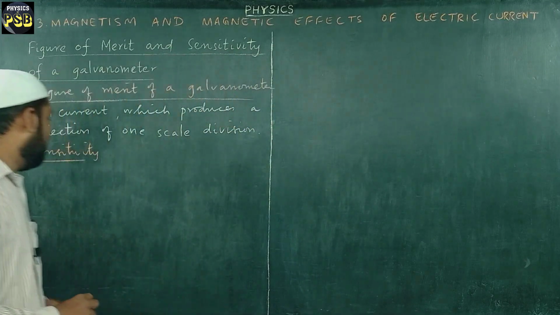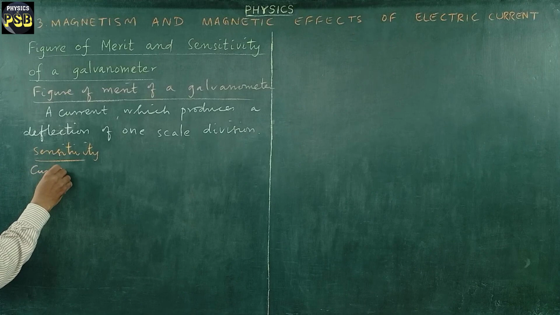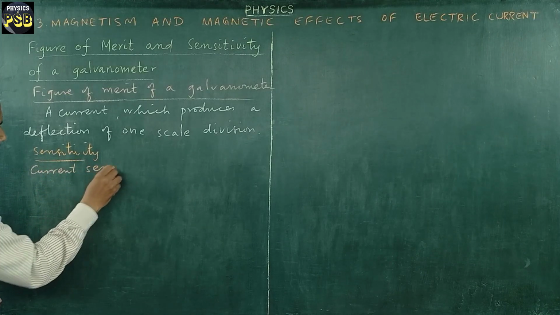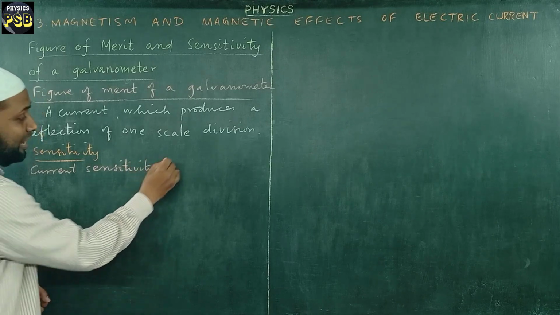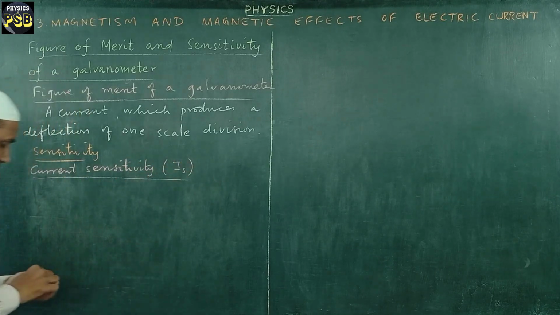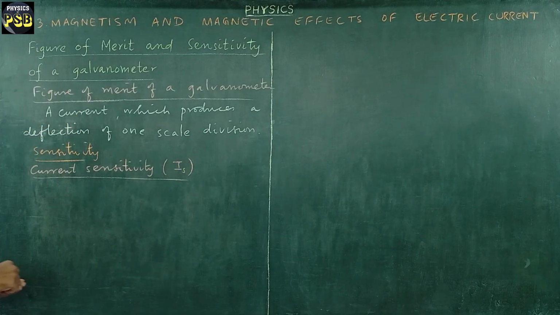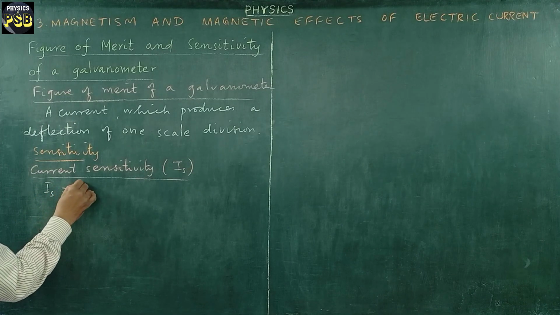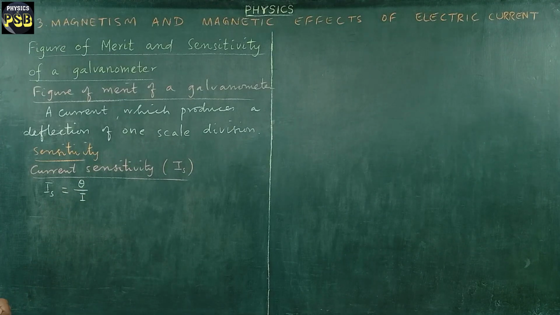First, I'll tell you what is the current sensitivity of a galvanometer. It is denoted by letter IS, and it is nothing but the deflection produced per unit current flowing through the galvanometer.